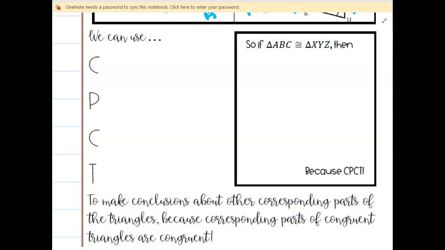Now how we know the angles are congruent is by CPCT. And actually sometimes they throw another C down there, and I should have done it because it just flows better. CPCTC.